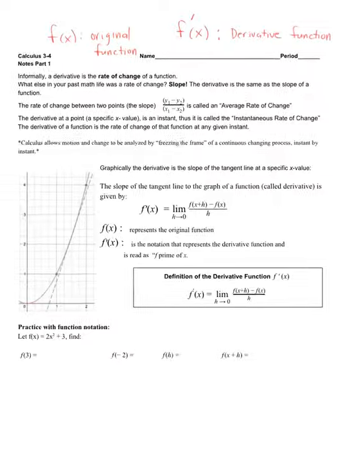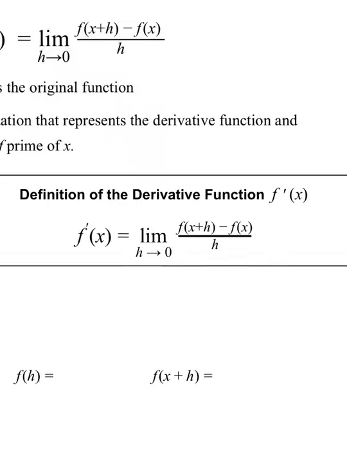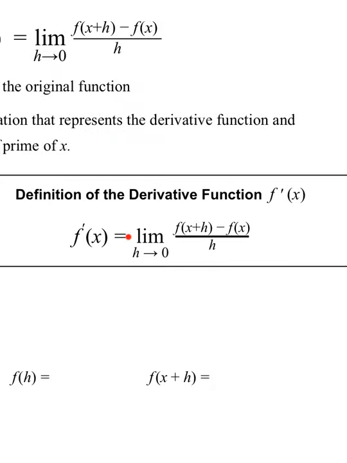All right, it's in the box here for you. So let's look at it. You have a limit. A derivative is a limit. And then you have a big messy numerator. There's two parts of your numerator. The first part of your numerator is right here, f of x plus h. That just simply tells you to rewrite the function, all right, and you plug in x plus h for x.